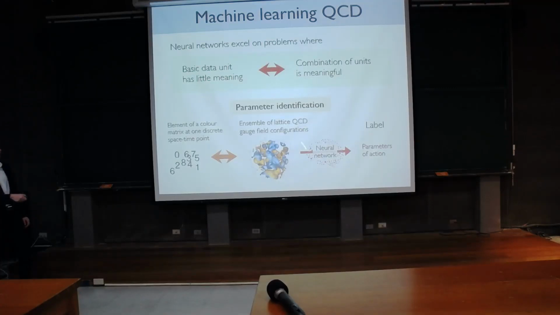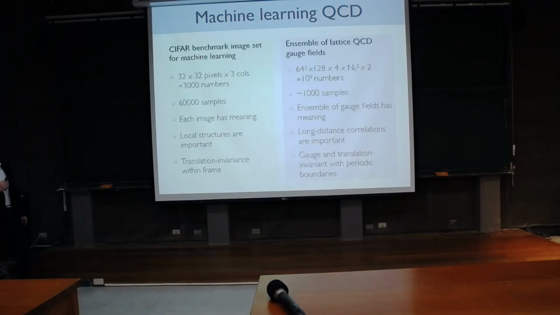If you can train something to take that ensemble of configurations and tell you the parameters of the action, that's basically the standard model parameters that correspond to those configurations, then we have a way of accelerating our computation significantly. Phrased in this way, you can see how you might be able to train a neural network to answer this problem. The problem is that this is still, even on the scale of machine learning problems, extremely challenging.